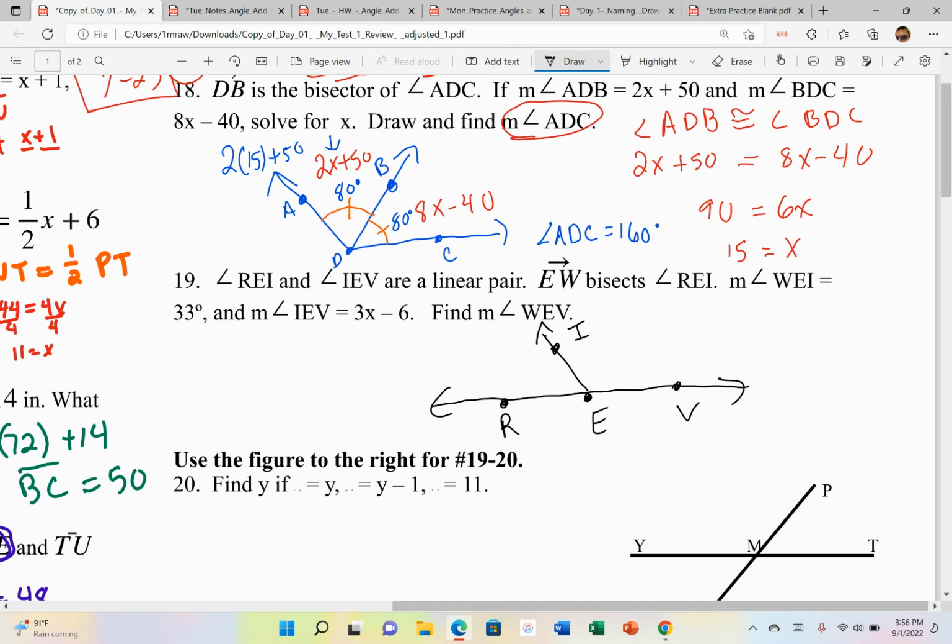So they form a linear pair. That means they're supplementary.